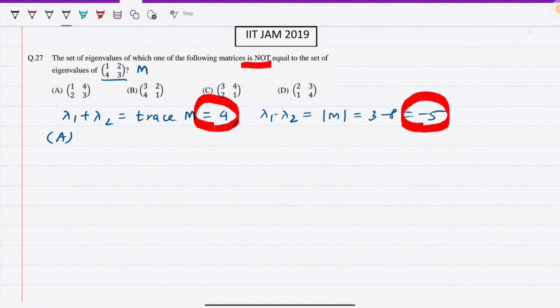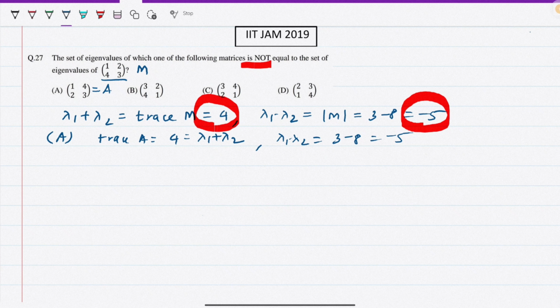Now suppose I call the matrix in option A as A, then we have that trace of A is equal to 4. That means that if it has two eigenvalues lambda 1 and lambda 2, then lambda 1 plus lambda 2 is equal to 4, while the product lambda 1 times lambda 2 will be equal to its determinant, that's 3 minus 8, which is negative 5.